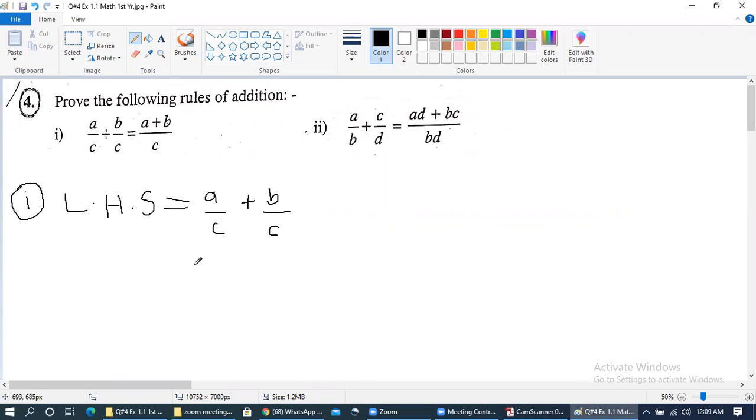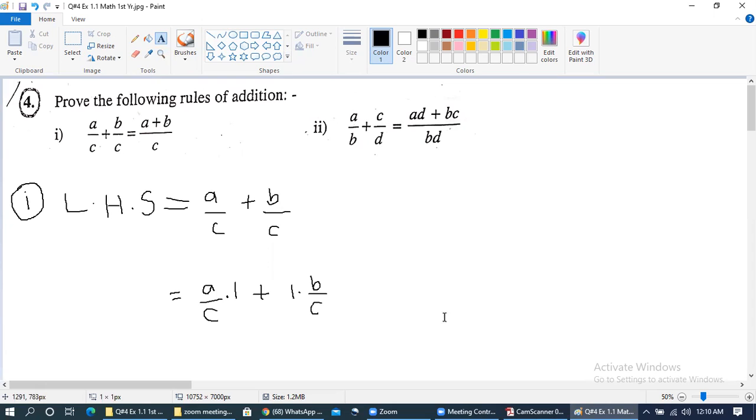You have already studied this rule. This is related to the LCM method actually. But now we'll be proving how this rule has been derived. We know that a/c can be multiplied by 1, while b/c can also be multiplied by 1, because whenever 1 is multiplied to any number, the result remains the same.